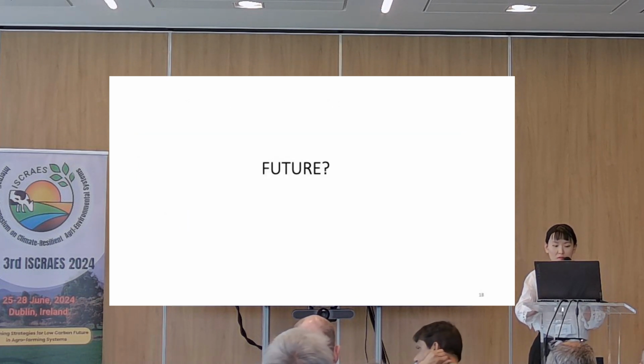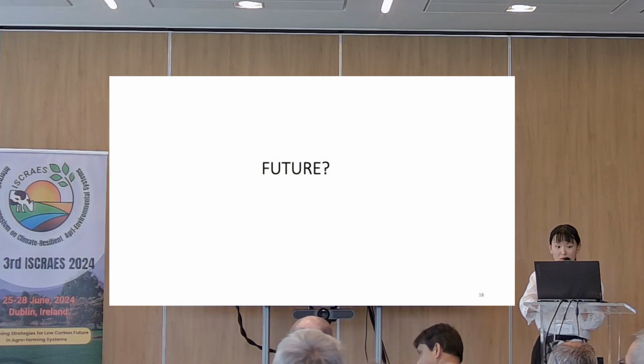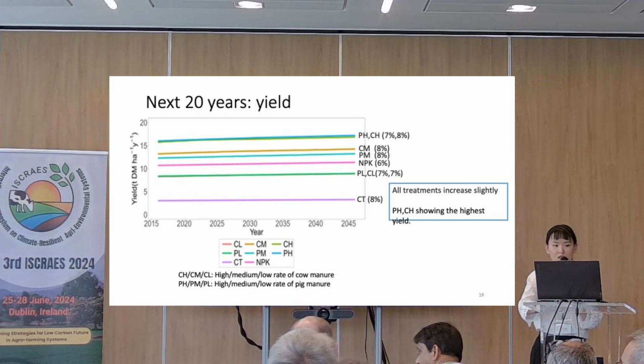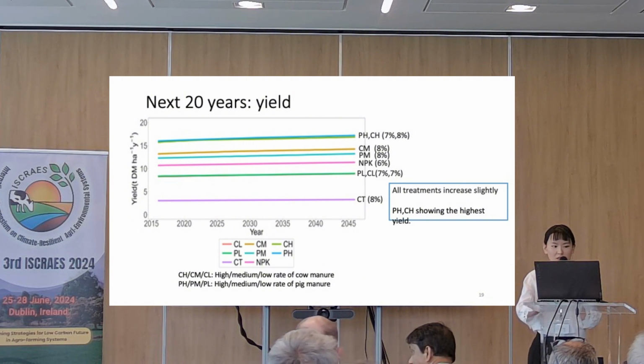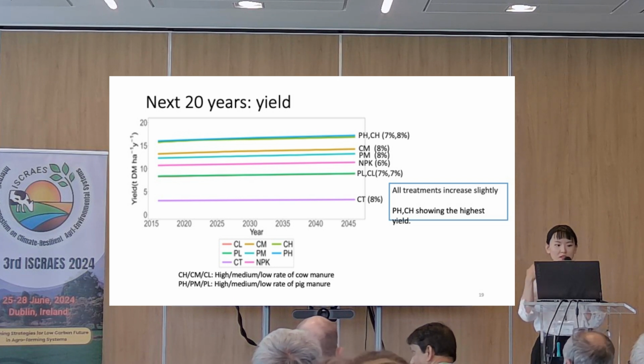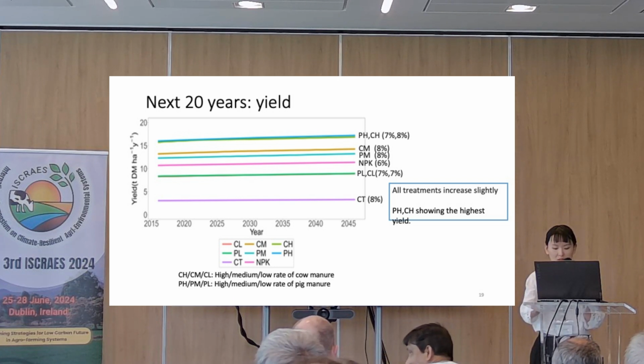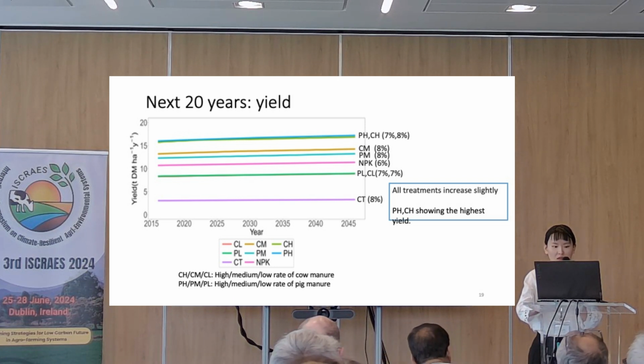Then we want to simulate the future, the impact of long-term utilization. Until now, we haven't applied different weather patterns or different management practices. So these figures are just based on the current practices and current weather patterns.